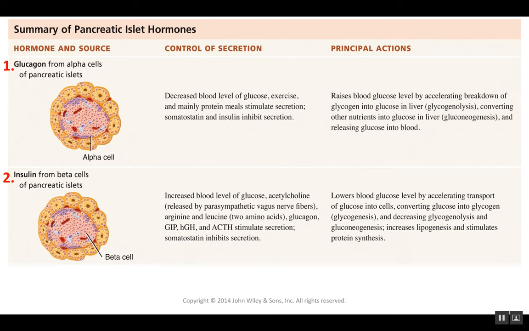So the liver can take glucose and convert it to glycogen and store it for later. Or the liver can take glucose and convert it to fat and send it out for storage at adipose tissue. Other cells will just take that glucose in and use it for cellular respiration for their source of energy.